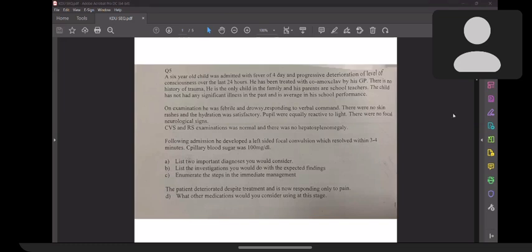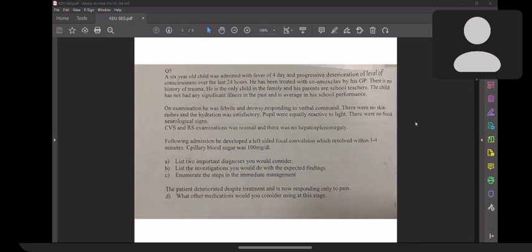But among the immediate shorter forms of assessment of level of consciousness, we use AVPU. A is alert, V is for responding to verbal commands, P is responding to pain, and U is unconscious. Generally it is regarded that P, if the patient is responding only to pain, is equivalent to a Glasgow Coma Scale of 8.